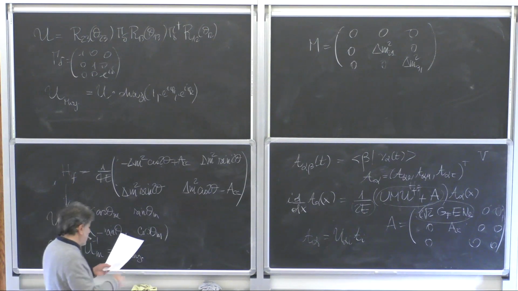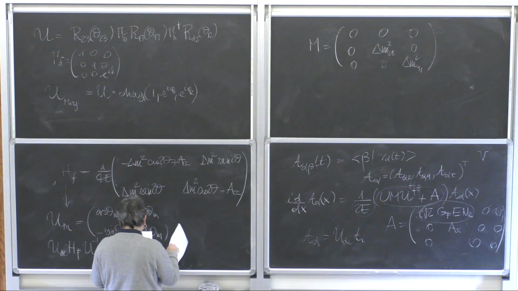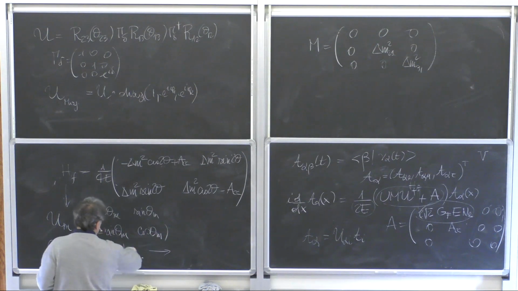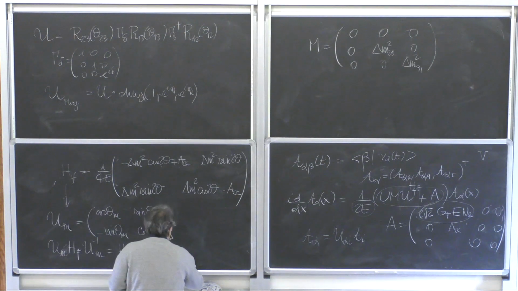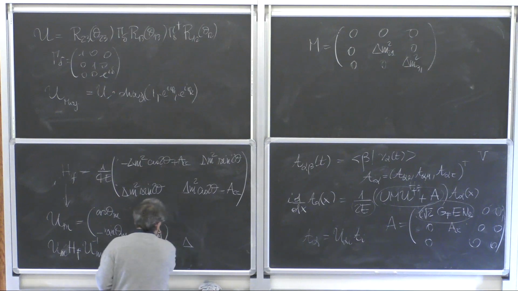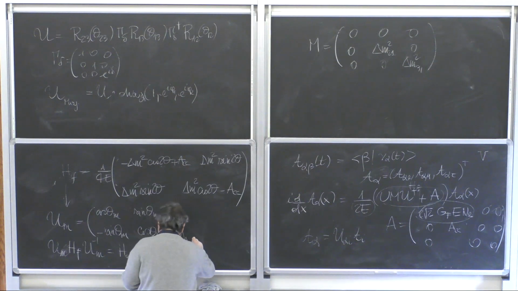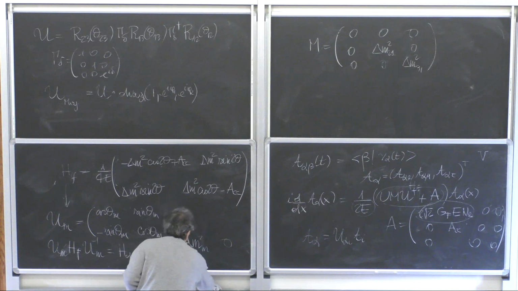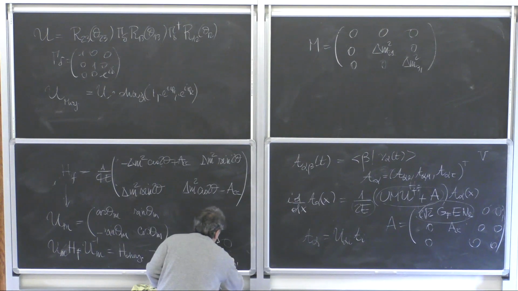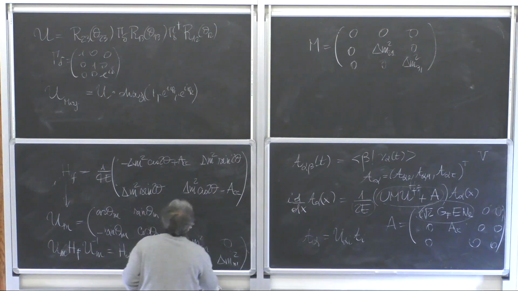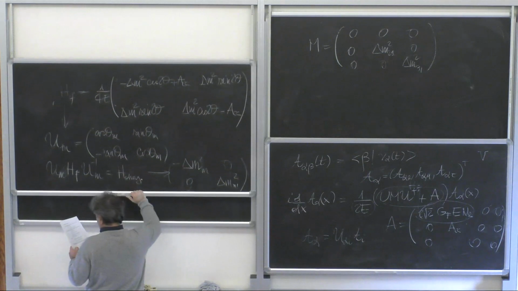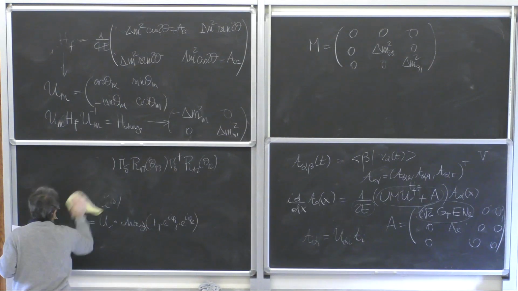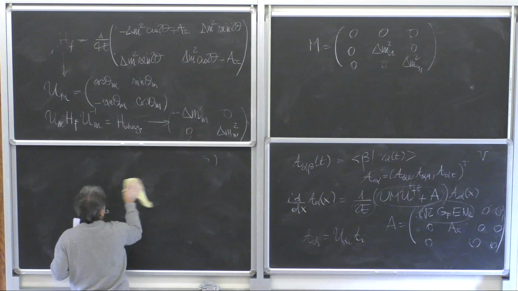diagonal matrix, and the eigenvalues, so the elements on the diagonal, are minus delta m squared and plus delta m squared in matter, and the formulas are the following.